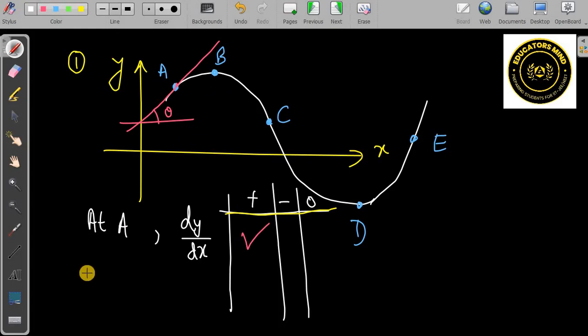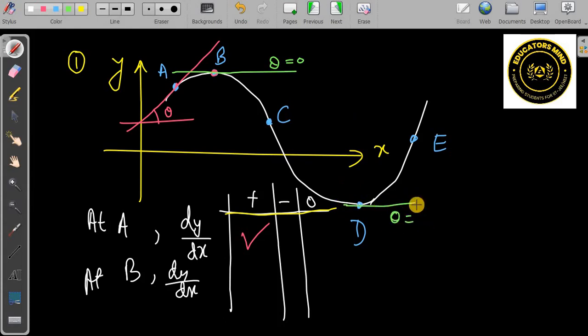Similarly, you can take point B. At B, what is dy by dx? If you take point B, here you can clearly see the tangent. When you draw it at this point, it will become flat. It will make 0 angle. Similarly, the same case will happen at point D. Here also theta will be 0. So tan theta will also be 0.